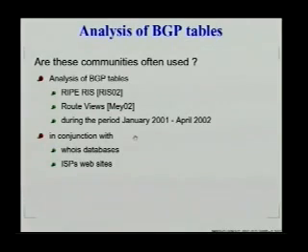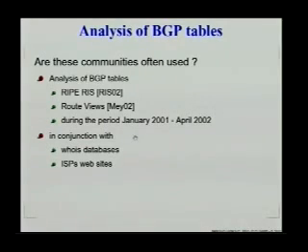Many ISPs often complain that communities are not widely used in the internet. So to be sure of that, we have carried out an analysis of real BGP tables collected by RIPE Routing Information Service and by the Route Views project from the University of Oregon.